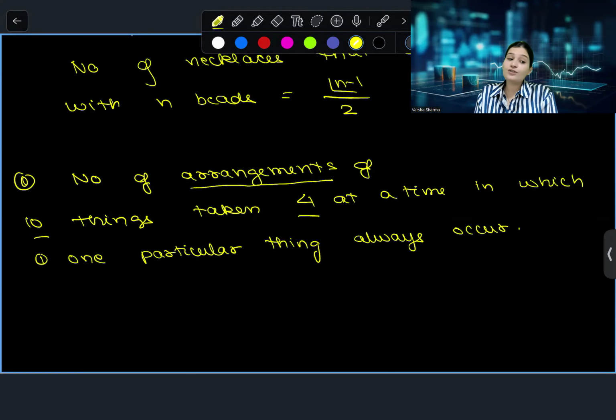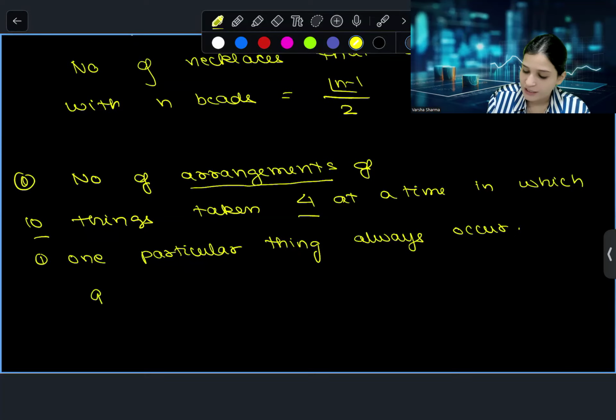See, first you need to select and then you need to arrange. If you do 9P3, there is a problem. You need arrangement also. If you're doing 9P3, those 3 will be arranged among themselves. What about the 4th one? That 4th one also has a say, na? So whenever you need to do such a question, you first do the selection. From remaining 9, I need to select 3 people.